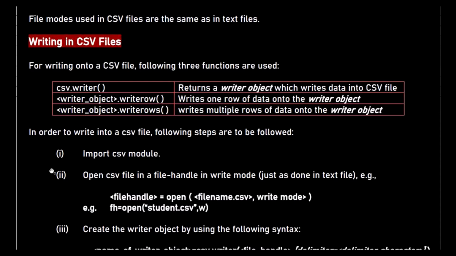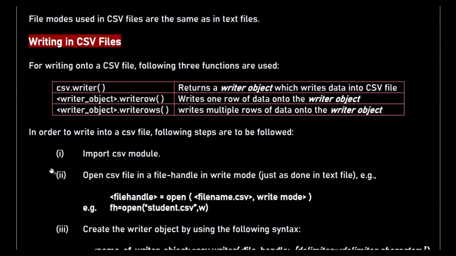So writing into CSV files involves the conversion of the user data into the writable delimited form and then storing it in the form of a CSV file. Before we proceed, it is important for us to understand the significance of the writer object. Since CSV files are delimited flat files, before writing onto them the data must be in CSV writable delimited form.